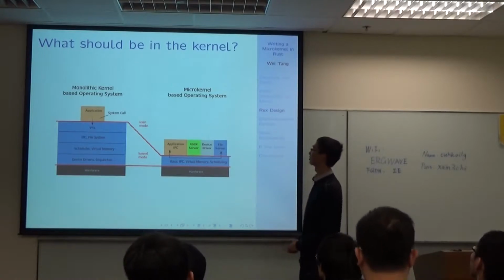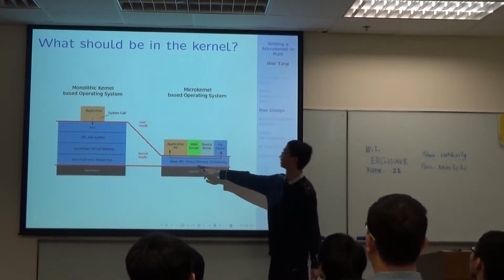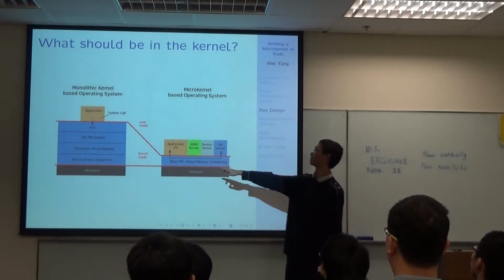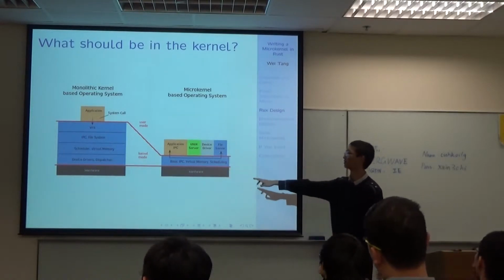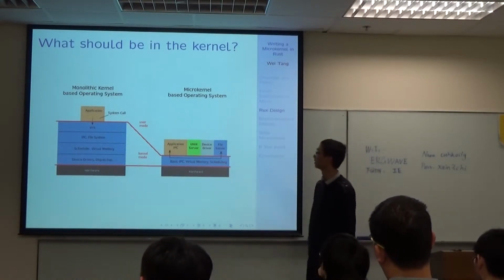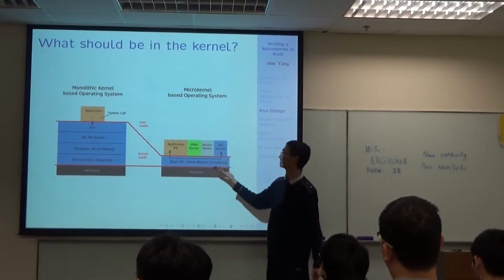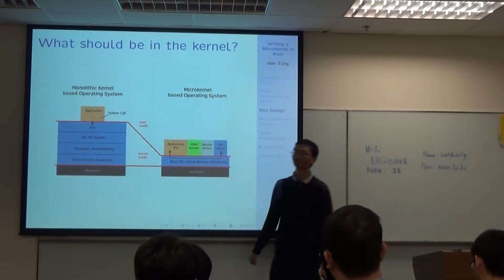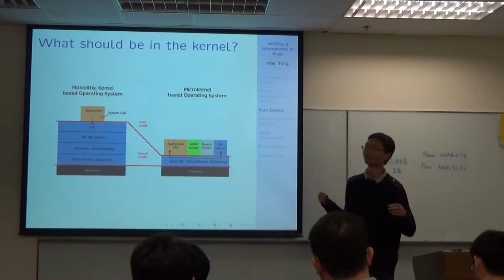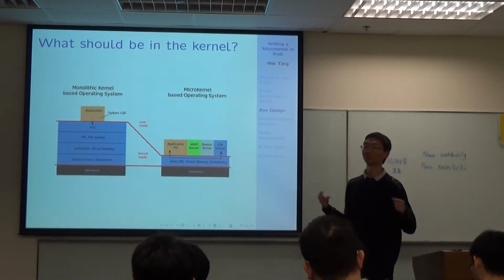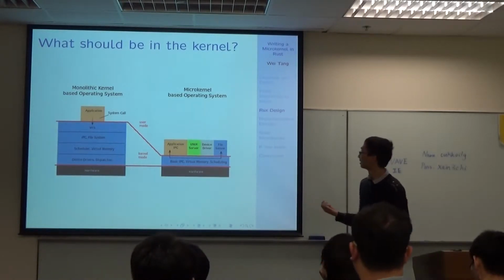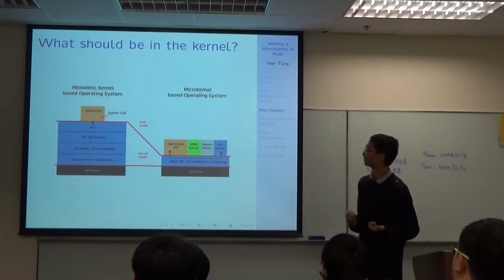But for a microkernel, you only get basic inter-process communication, virtual memory management and scheduling. The device drivers and file server, and for example the Unix server, the server that handles all the standard library, all run in user mode.